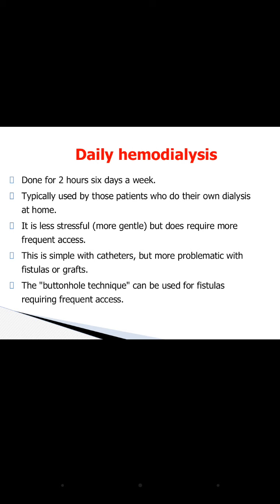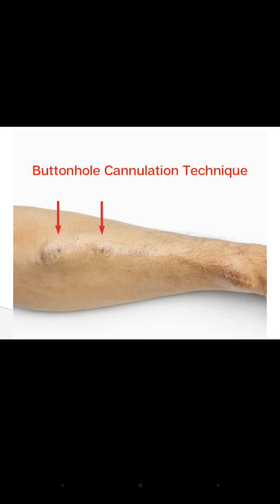So if we want frequent vascular access, or if daily hemodialysis is used, then in the fistula we use the buttonhole technique. What is it? Here you can see the buttonhole cannulation technique. In this, very dull needles are used, not sharp pointed needles, and every time these needles will be placed in the exact same hole.